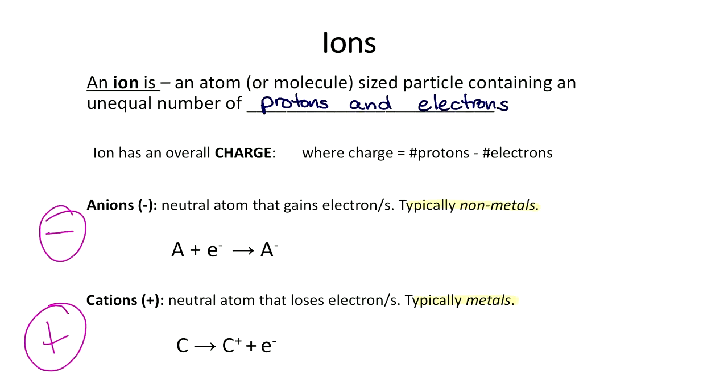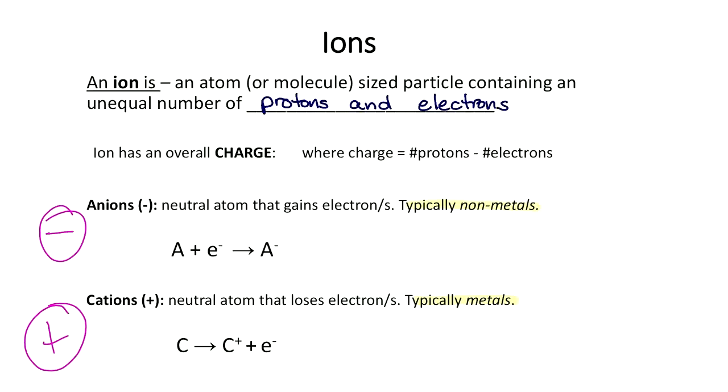Those elements tend to form negatively charged things, while our metals on the left side of the periodic table tend to form cations. They tend to lose electrons. And we'll learn why soon enough. For now, you should just memorize that cations come from metals, anions come from nonmetals.